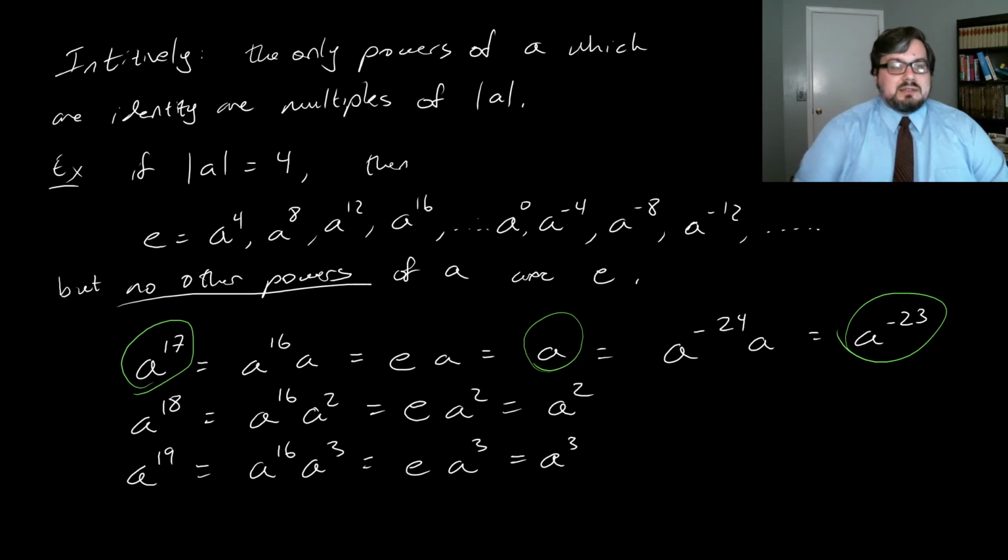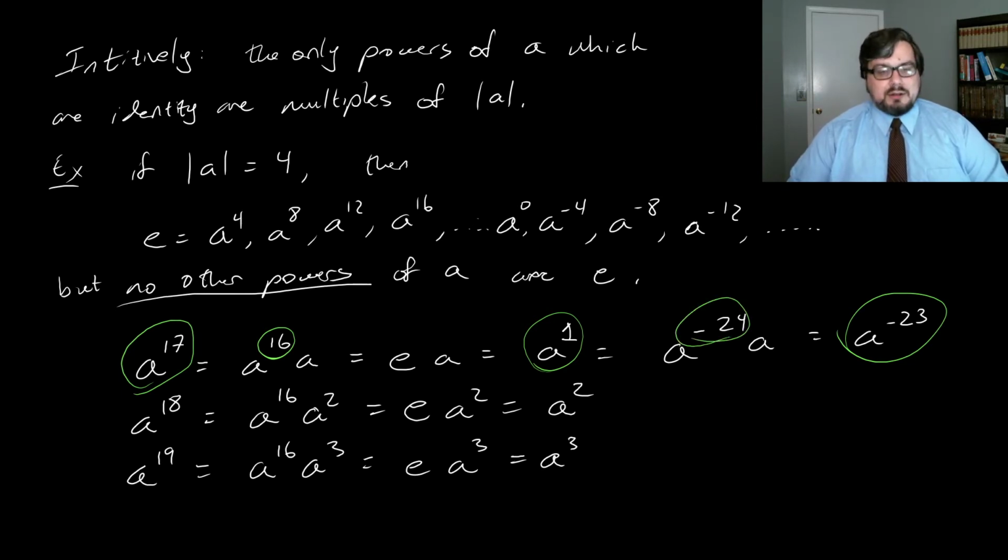Note that 17 and 1 are congruent modulo 4. Their difference is a multiple of 4. In fact, we can see that quite clearly in how we've broken things up. 17 and 1 have a difference of 16, which showed up right here. 1 and negative 23 have a difference of 24, which showed up right there.